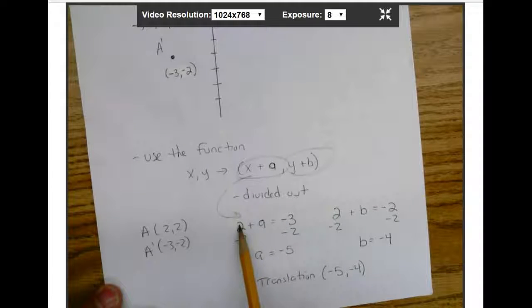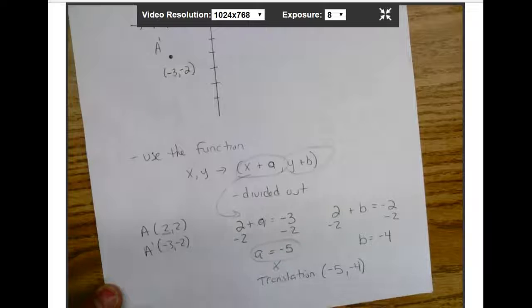We can say the x from here is 2 plus a, and we're going to figure out what a is, and that equals negative 3. Then we do the math, minus 2, and a is going to be negative 5. That's our first answer. That's really the x part of the translation vector. Then we do the y portion of it, or b.